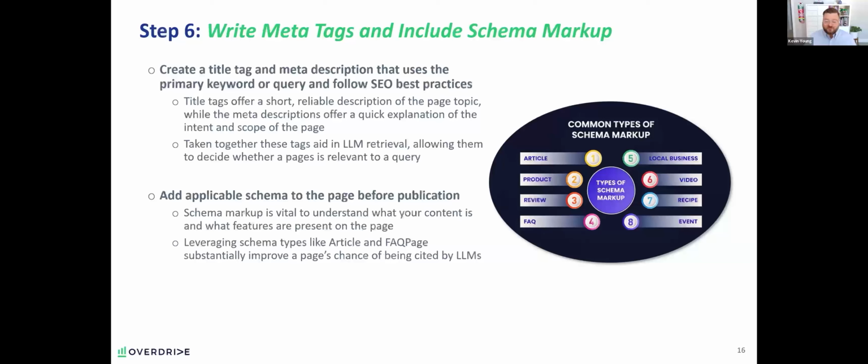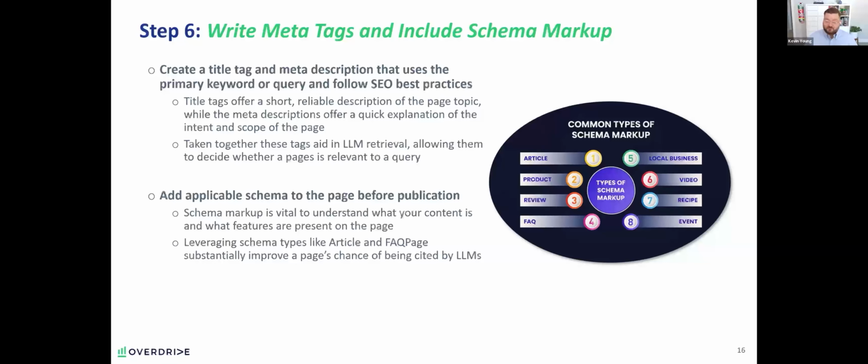Taken together, these tags aid in the LLM's retrieval because they allow it to decide whether a page is relevant to a query before even having to visit it. So these tags are absolutely used by the LLMs, and they are extremely important in aiding retrieval of your content.